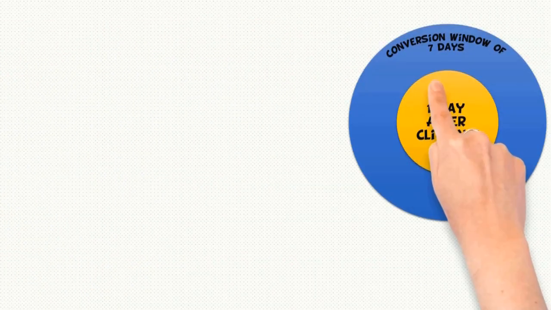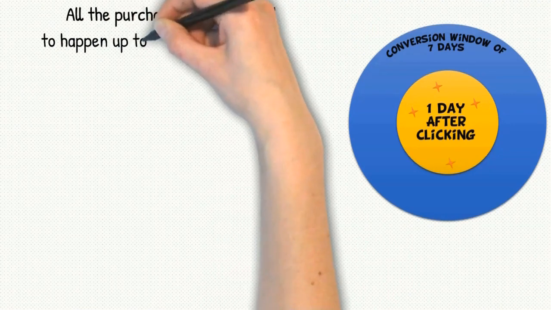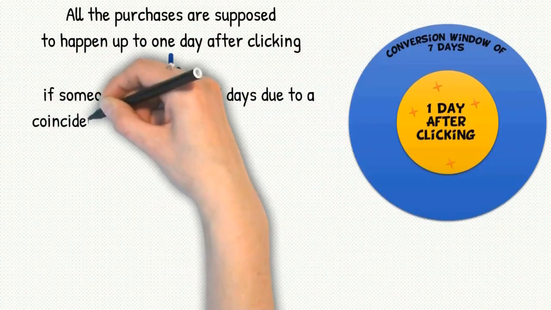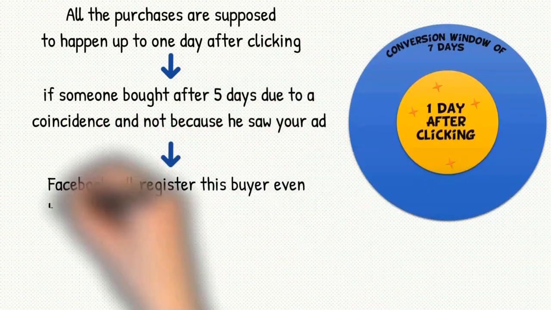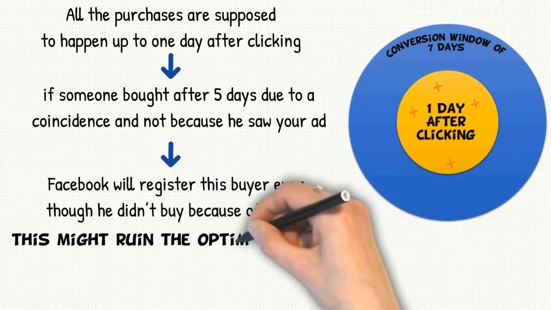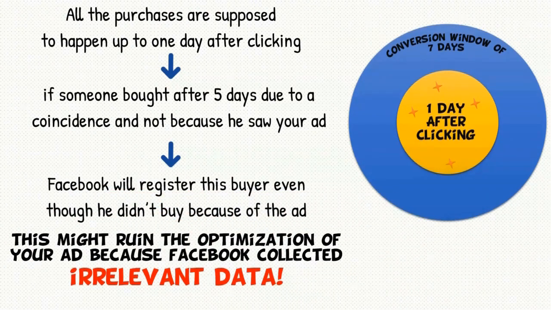If all the purchases are supposed to happen up to 1 day after clicking, and someone bought after 5 days due to a coincidence and not because he saw your ad, Facebook will register this buyer even though he didn't buy because of your ad, and this might ruin the optimization of your ad because Facebook collected irrelevant data.